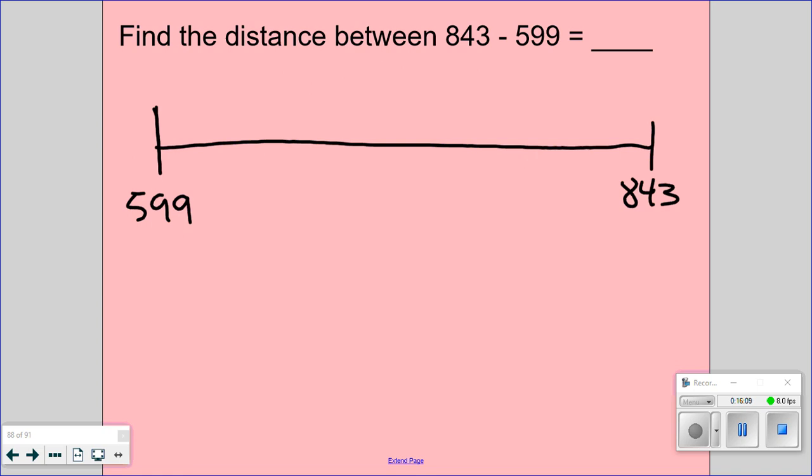You see how it's 599? Is that a friendly number to skip count by? No. But it's really close to 600, isn't it? Yeah. So I'm going to scoot it up before I even start jumping 100 to make it a nice friendly number. Just to make it easier. What do you think I should do, Mackenzie? There you go. Because then I get to 600.